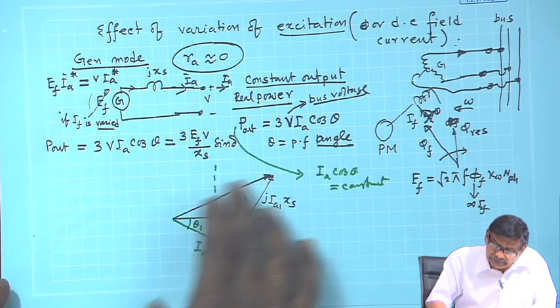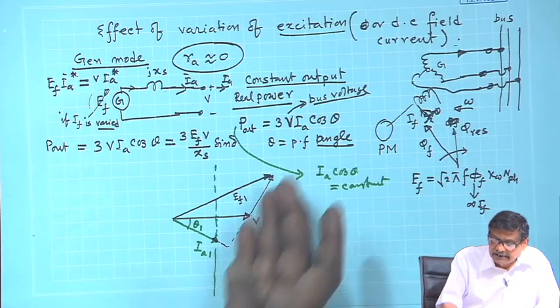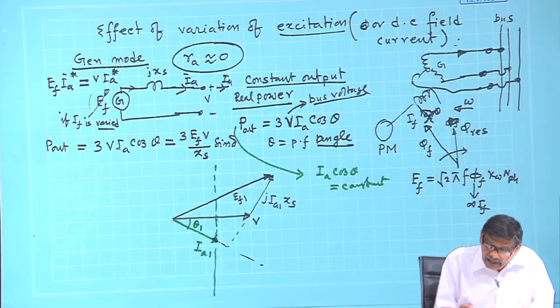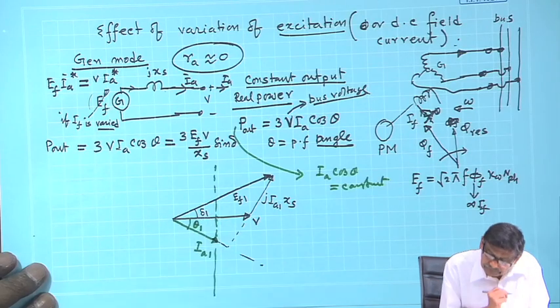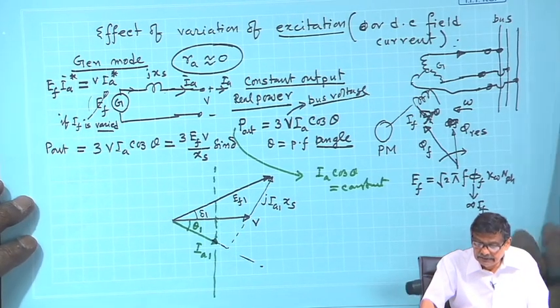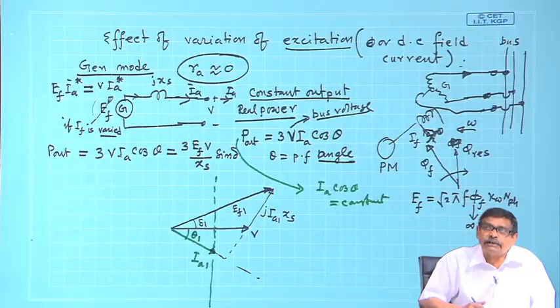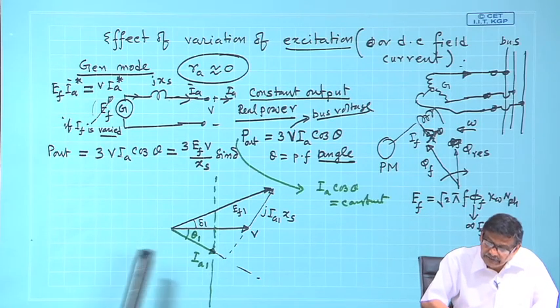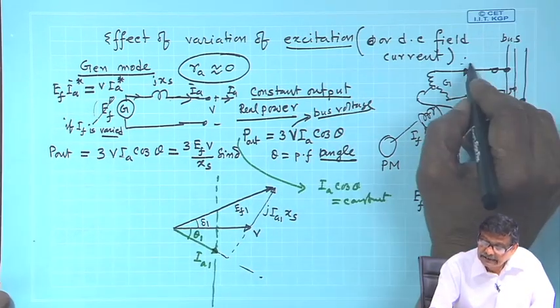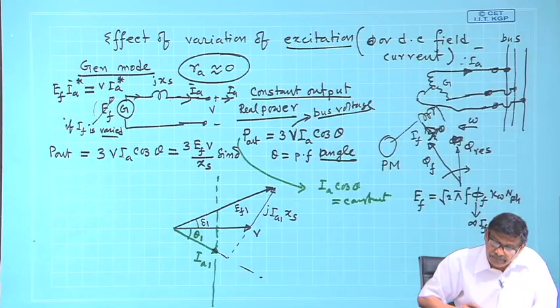At that time, this is the thing, V plus I a j x s is this one, and this angle is delta 1. At this load angle, as delta is sometimes called, this synchronous machine is operating as a generator. Why generator? E f is above V and it is delivering current I a. Understood?